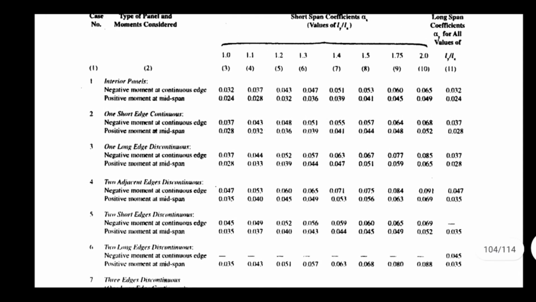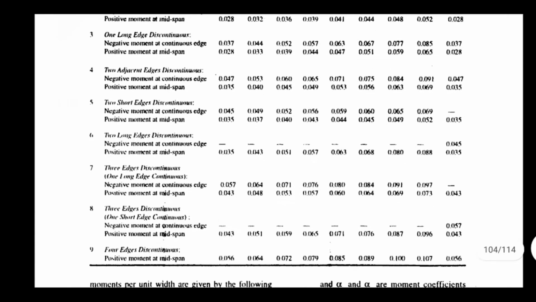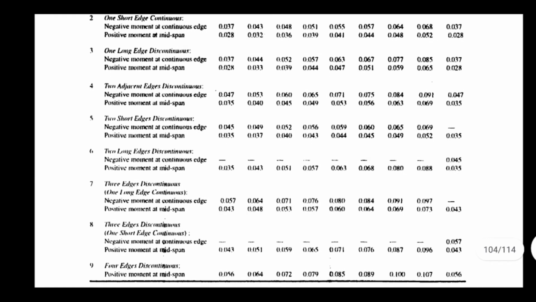If any condition is not given in question, we have to consider any condition among these 9 conditions. Okay. So generally, if support condition is not given in question, we consider number 9, 4 edges discontinuous. Okay, so let's go to the problem.